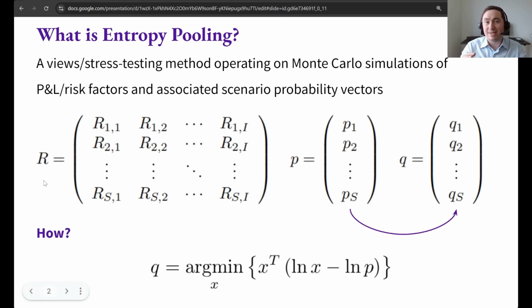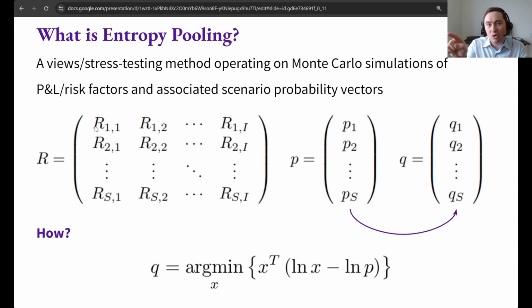So it's the framework that we work with in the portfolio construction risk management book, where at some horizon we have this matrix R, which contains joint scenarios for the P&L, returns and risk factors that we are interested in. So you can imagine here that along the columns of this matrix, this is where you have your Google, Facebook, Apple, and your risk factors such as implied volatilities and interest rates and things like this.